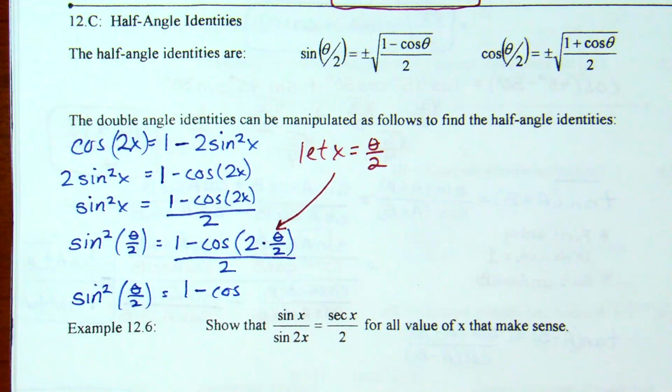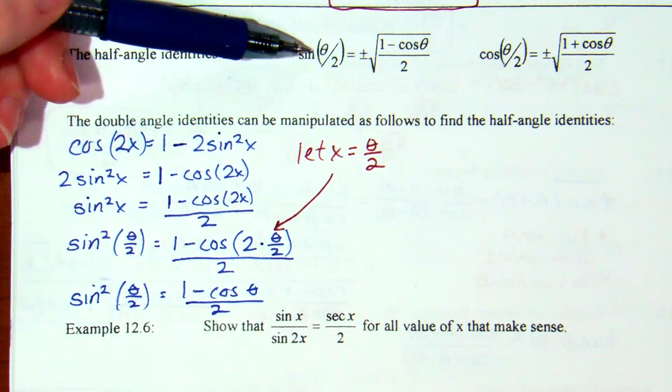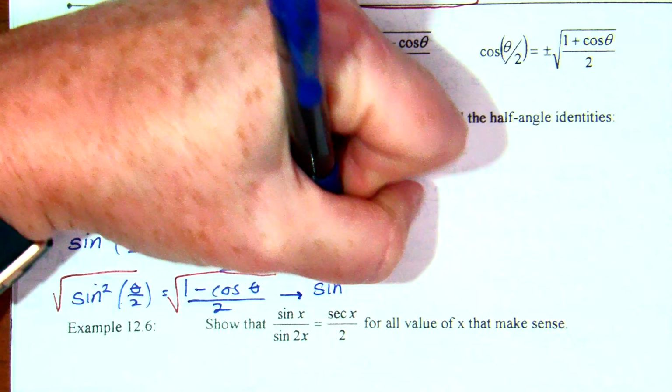Notice I'm almost there. I have sine squared theta over 2. I'm trying to get to where I have sine of theta over 2. What's the step I do? Take the square root. If we take the square root of the left, we take the square root of the right. The square root of sine squared theta over 2 is just sine of theta over 2.